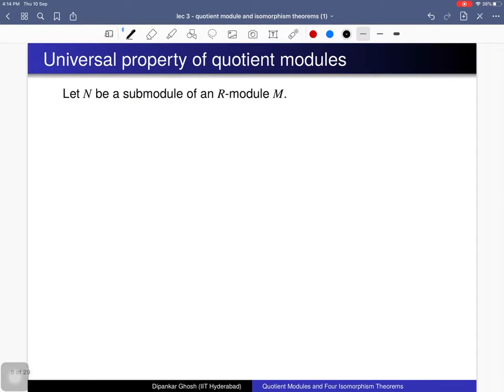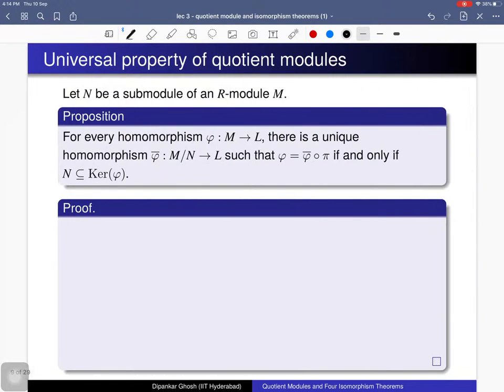Moreover, this quotient module satisfies a universal property. Suppose M is an R module and N is a submodule of M, then for every homomorphism phi from M to L, there is a unique homomorphism phi bar from this quotient module M mod N to L, such that phi bar composed with pi equals phi, if and only if N is contained in the kernel of phi.